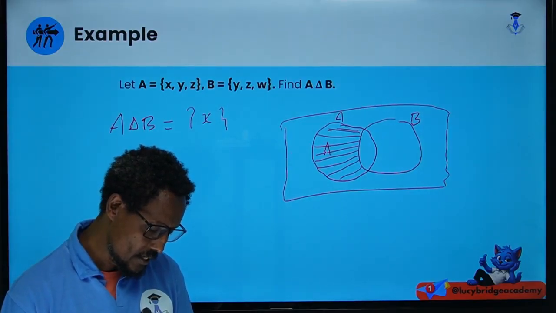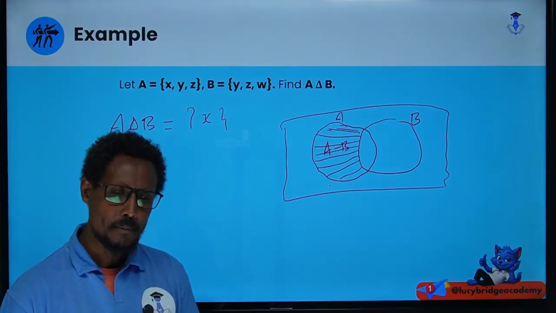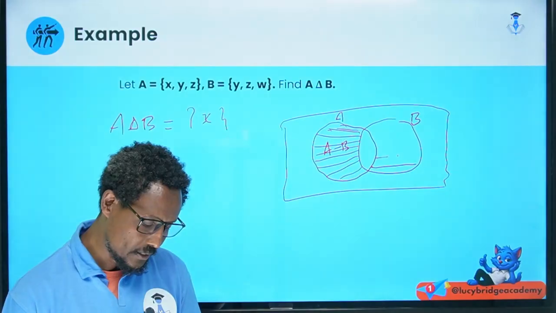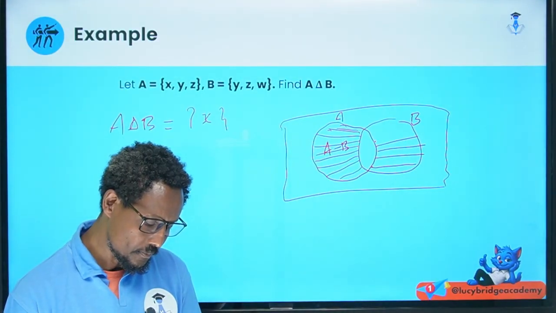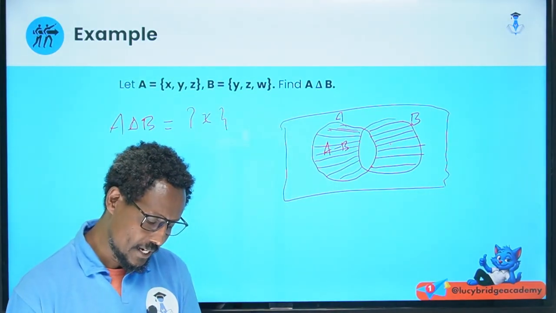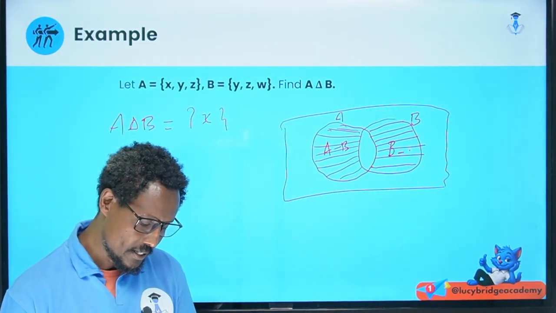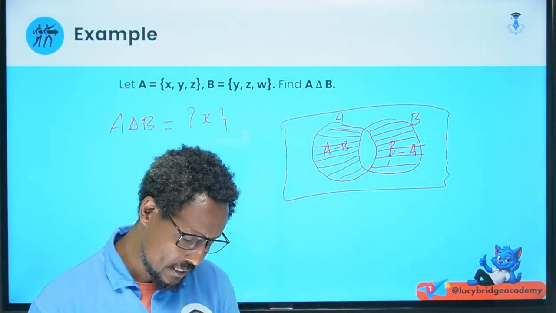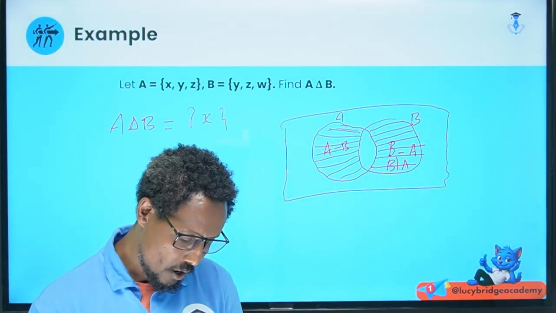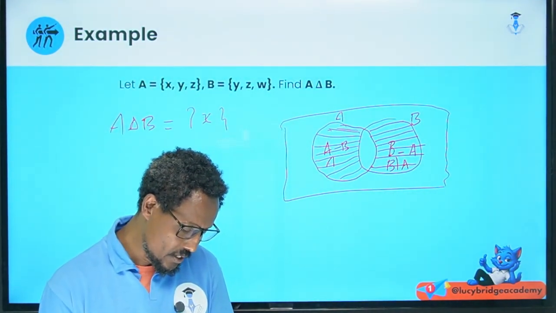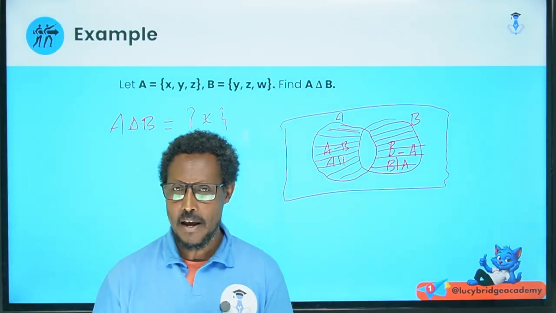A minus B, only those elements only in A. Again, this shaded region, this part is only B. That means B minus A, or B without A. Simply, we can write B without A, only in B, not in A. What about this part? A without B, only in A.